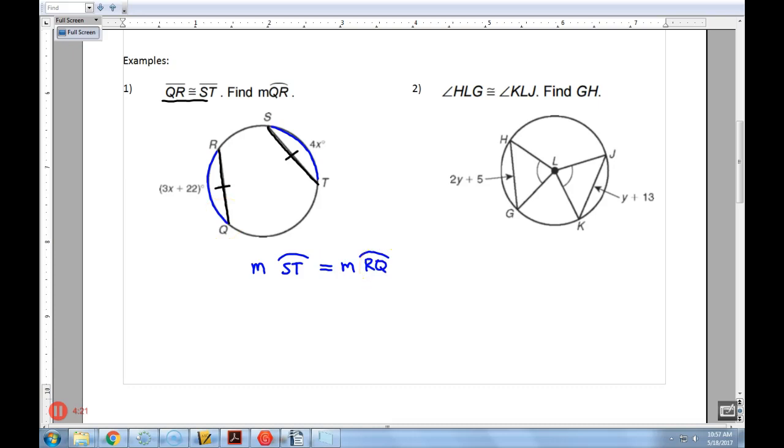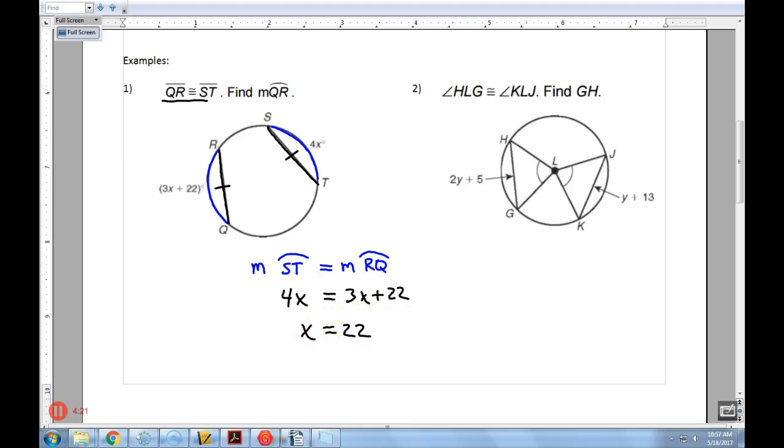Because of the theorem up above, since the chords were equal, the arcs have to be equal. Now I just substitute the values in. This was 4x, this was 3x plus 22. I do a little bit of algebra, and I find out that x is 22.